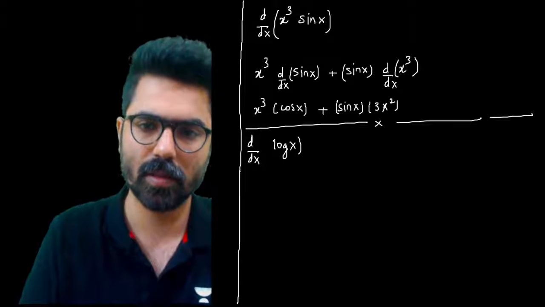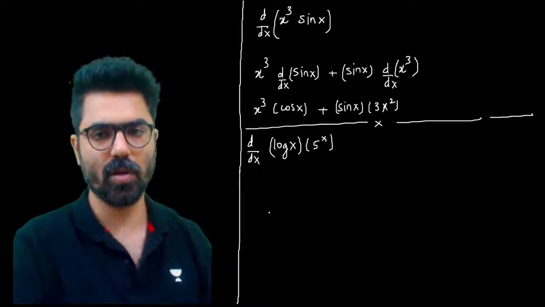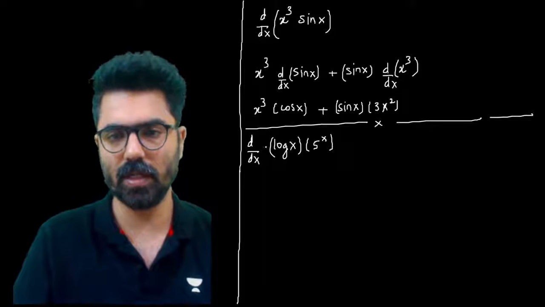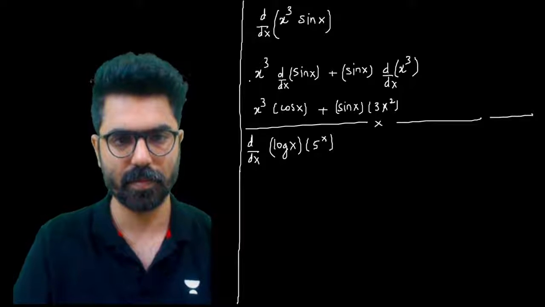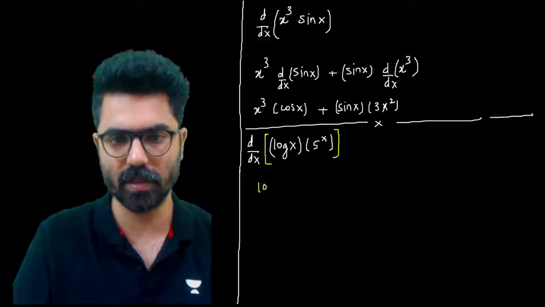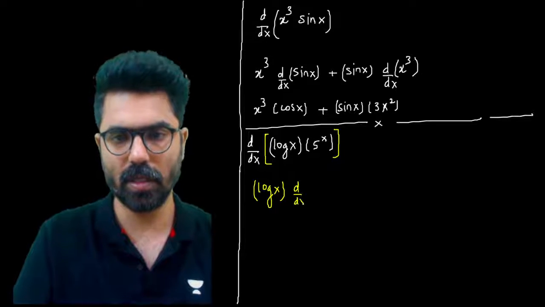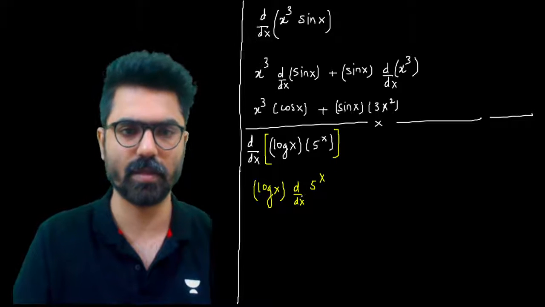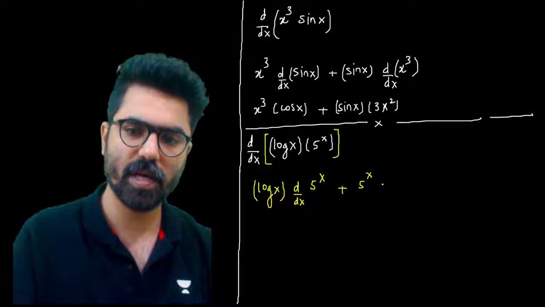Log x into 5 power x. Now let's apply the UV rule here. First we write the first function as it is, log x, then the derivative of 5 power x, plus 5 power x as it is, then the derivative of log x.